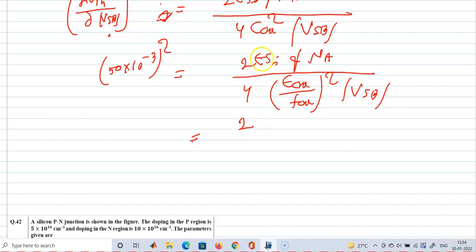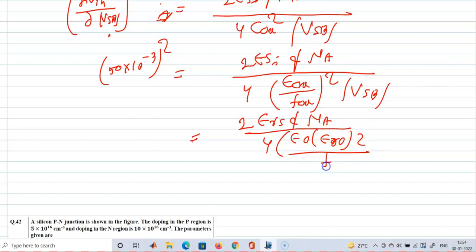Epsilon 0 from the top is getting cancelled, so we have only epsilon r silicon, the relative permittivity of silicon, then q, then Na, then 4. One epsilon 0 has gone from here, and from here epsilon 0 has gone, then epsilon r oxide squared, then TOX squared, then VSB. How much was the VSB? 2 volt.